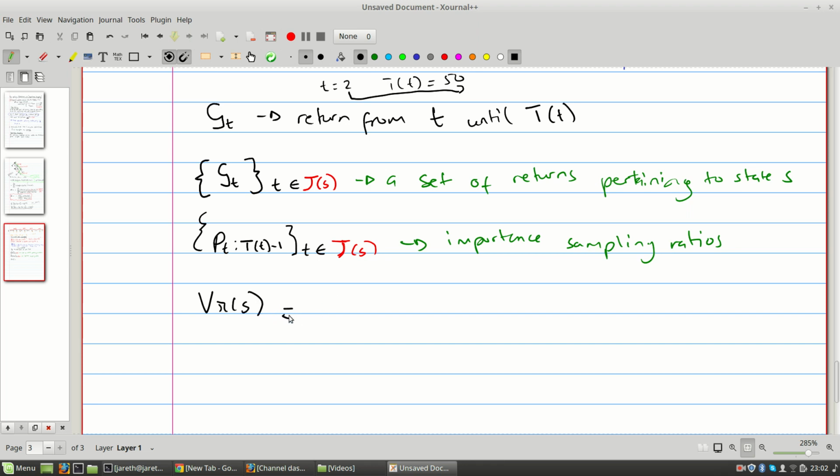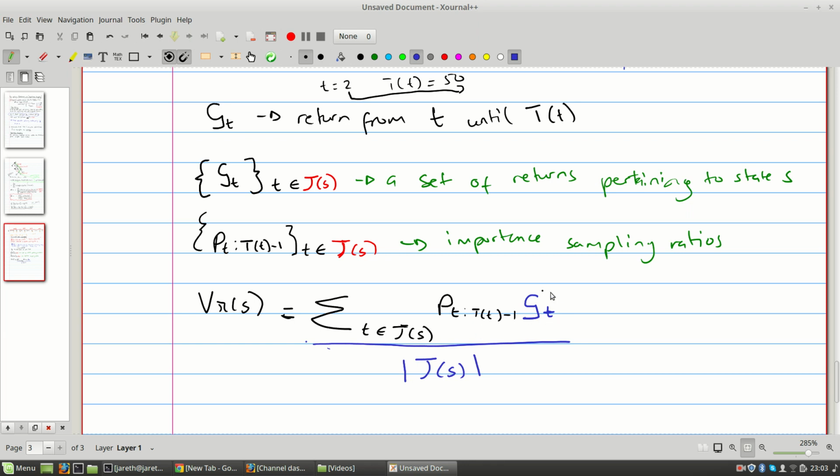Well, this is equal to the summation over t an element of tau of s, so we look at every single time step where we visit state S, of rho, the importance sampling ratio, multiplied by G_t, divided by the cardinality of tau of s.